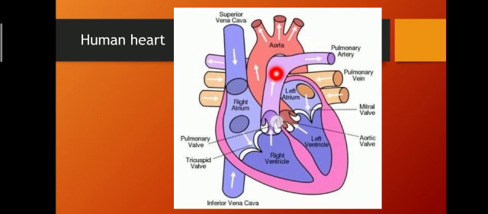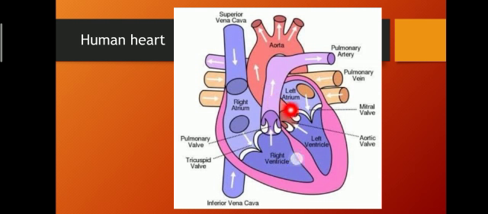Then in the lungs, gaseous exchange will take place and then the blood will move to the left atrium by the help of pulmonary vein. So pulmonary vein carries oxygenated blood from the lungs to the heart.